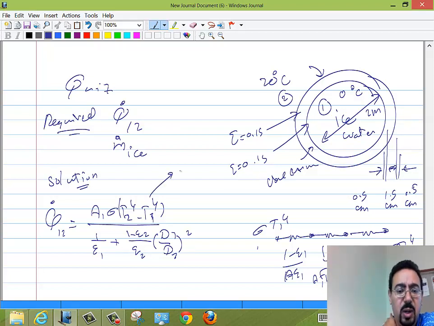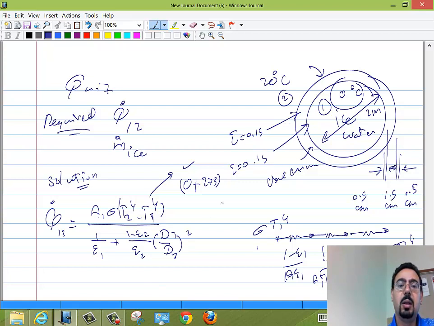So do we know T1? Yes. That's 0 plus 273, because it needs to be in Kelvin. All the temperatures should be in Kelvin. T1 is the inner surface, and the inner is at 0 degrees Celsius, not 0 Kelvin.